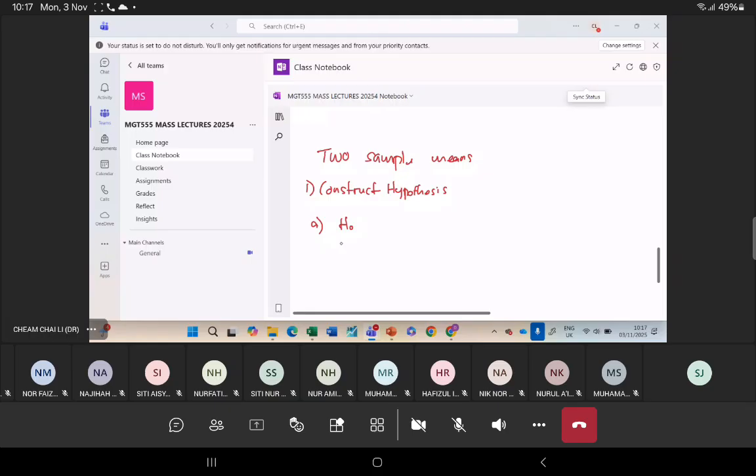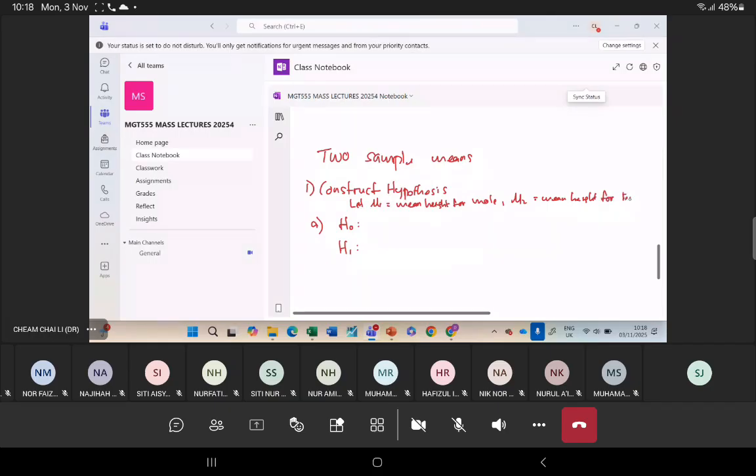Let mu1 equal the mean height for male, and mu2 is the mean height for female. So now we want to compare male and female's mean height. Yeah? That's why we have two groups.